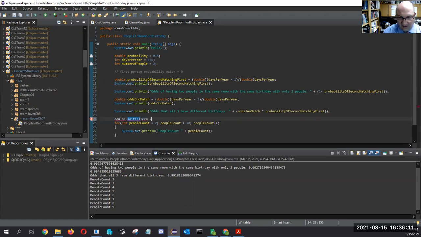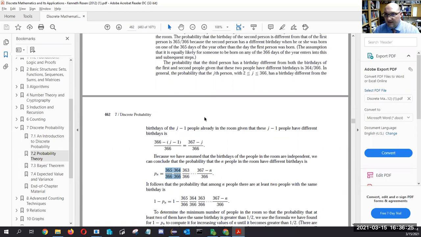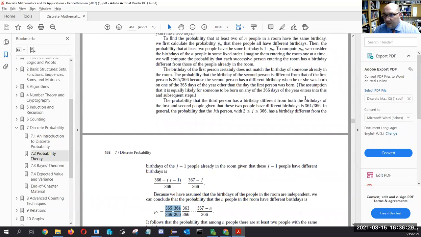term equals, and that's going to be 365 divided by 366. Is that right? And then the second one is going to be, so probability that the third person is 364.